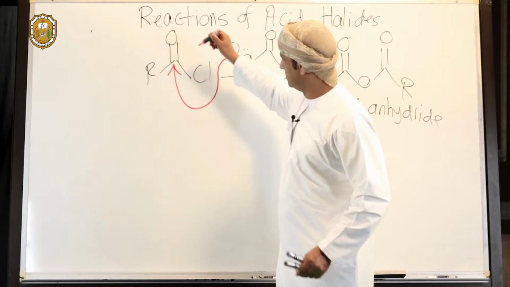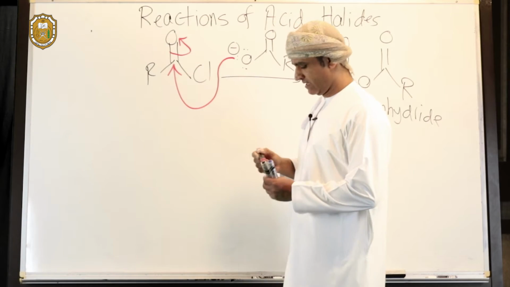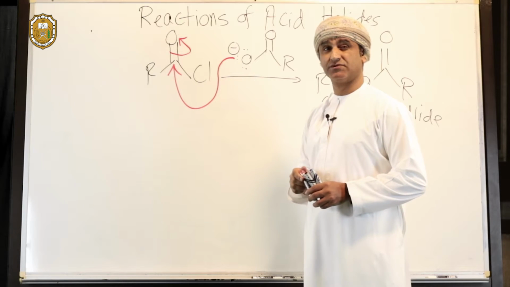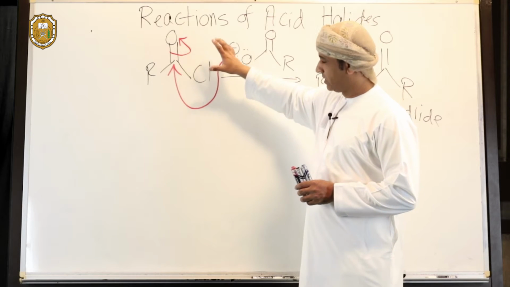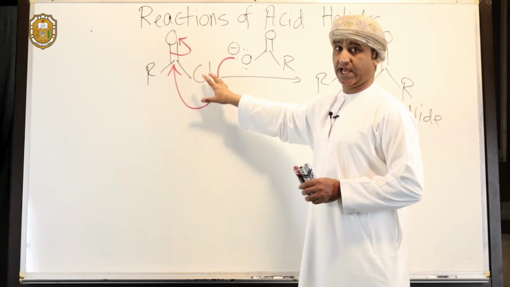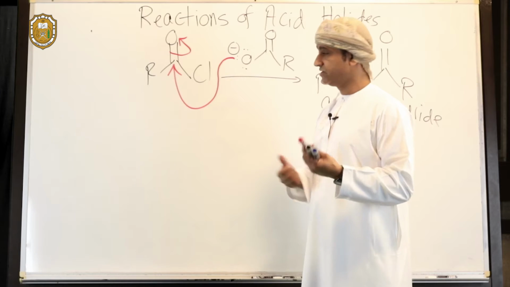So this carbon-oxygen double bond is then broken with the release of electrons on oxygen. So we can write the intermediate after this nucleophilic addition step, and then we can continue with the elimination of the leaving group.